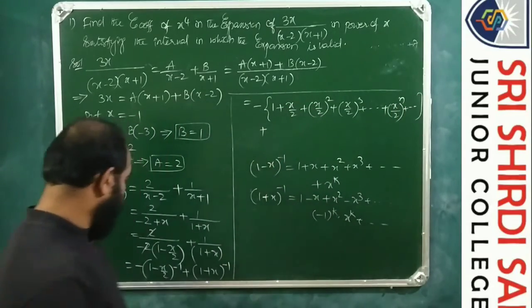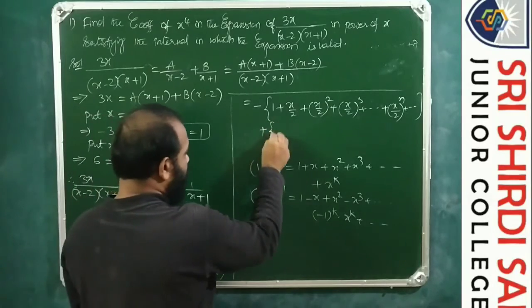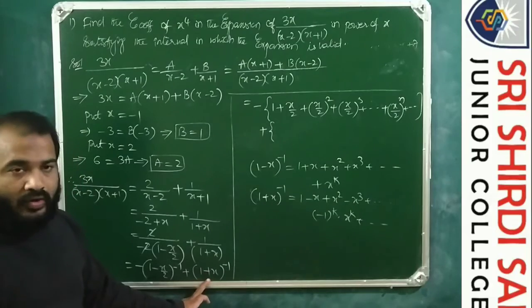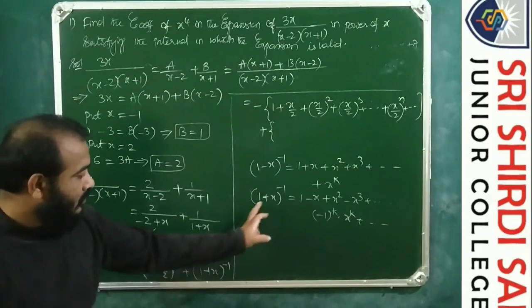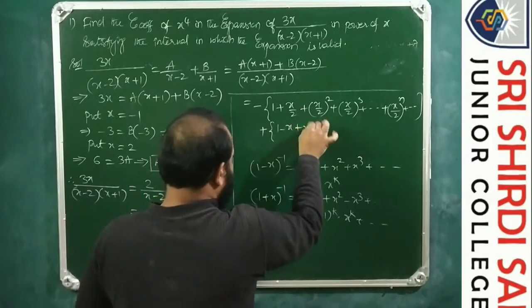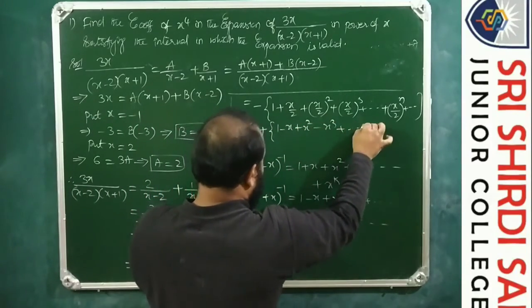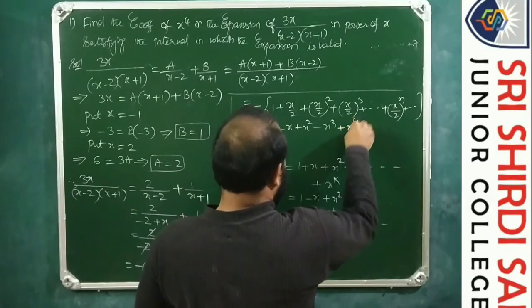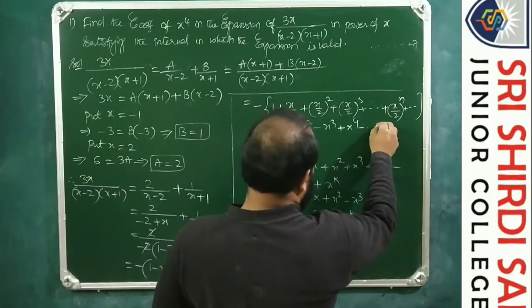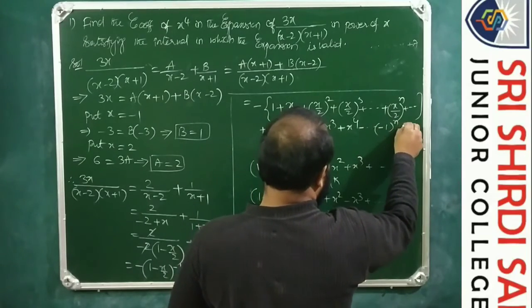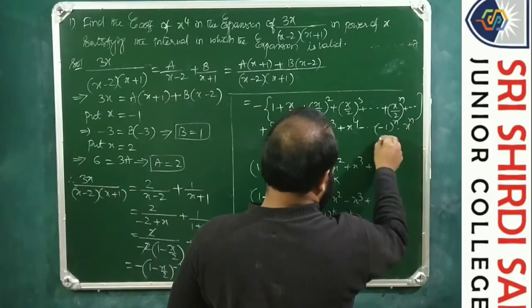Here the signs will be alternating. So this is 1 minus x plus x square minus x cube plus x power 4, and so on, minus 1 whole power n into x power n plus and so on.